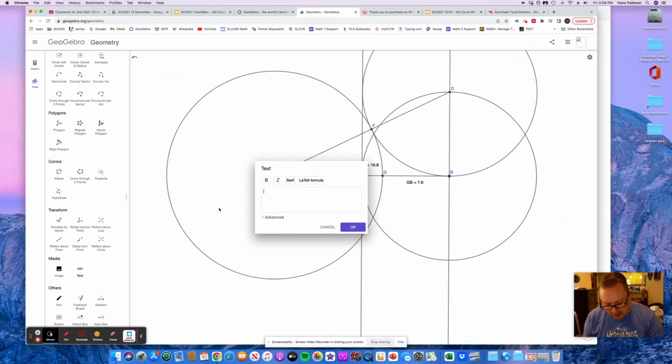So I'm saying AB over AG equals 19.8 over 12.2, and that equals 1.63.